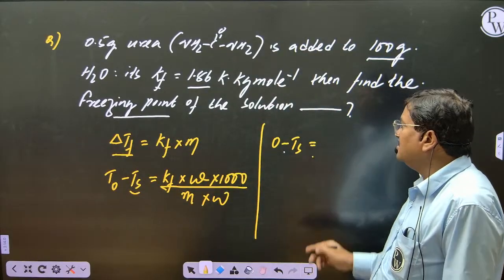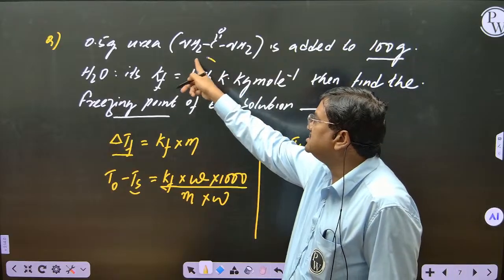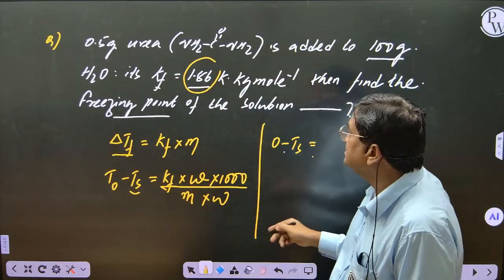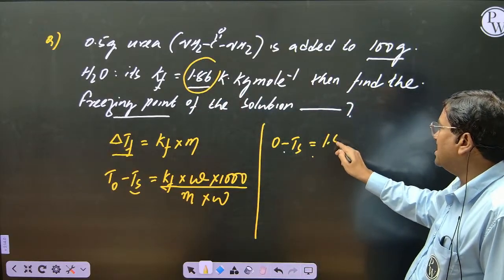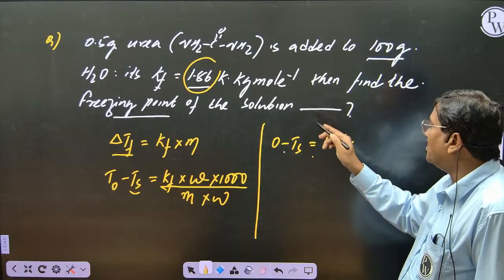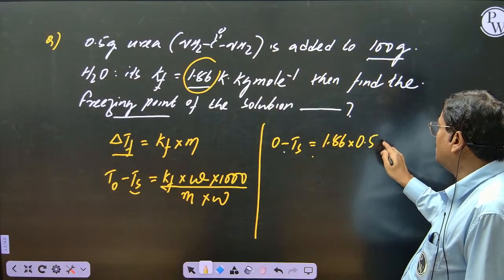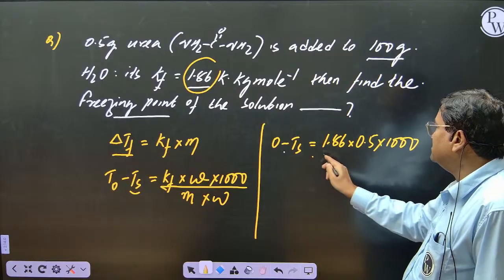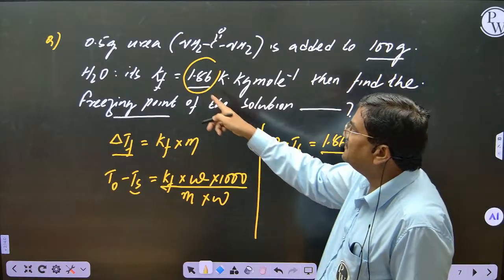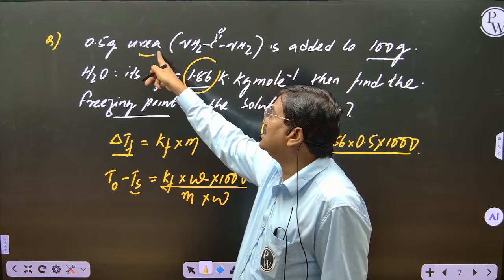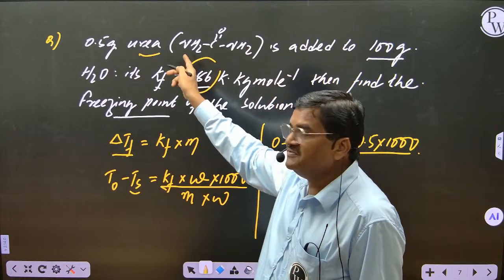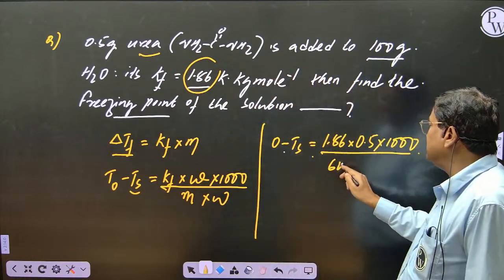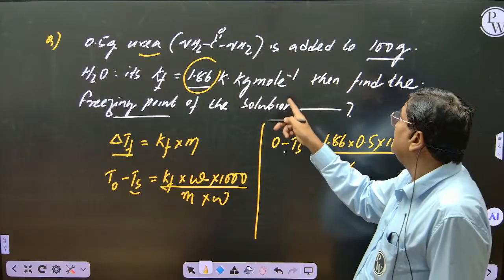And Kf value will be given in the problem. This is constant, 1.86 Kelvin kg per mole. So substitute 1.86. Mass is given 0.5 grams into weight of solvent is given in grams by molar mass of urea. Urea, what is the molar mass? When you find algebraic sum of atomic masses, that comes 60, into weight of solvent given 100 grams.